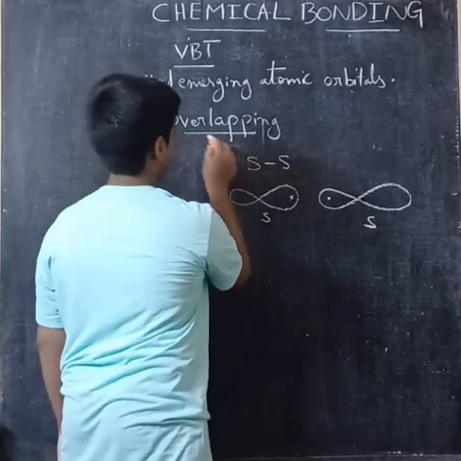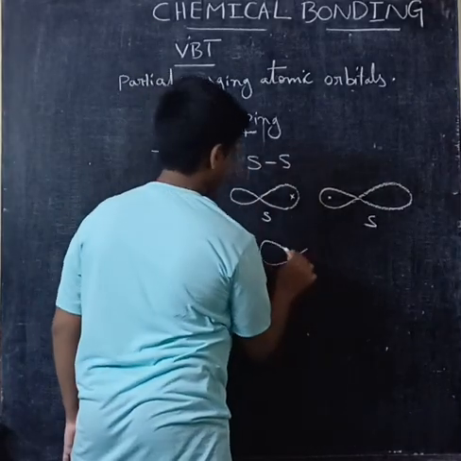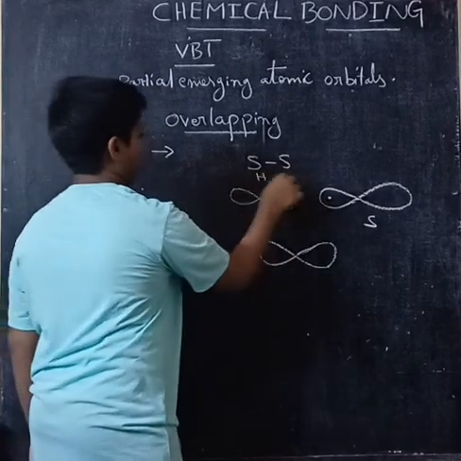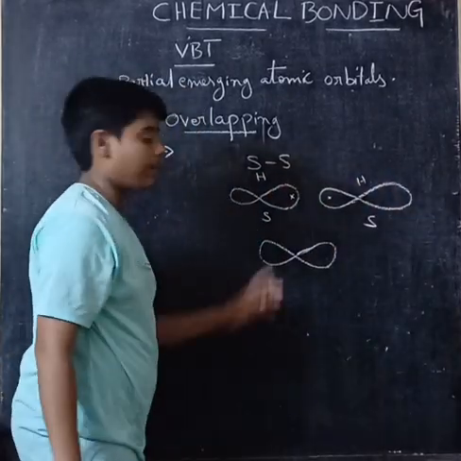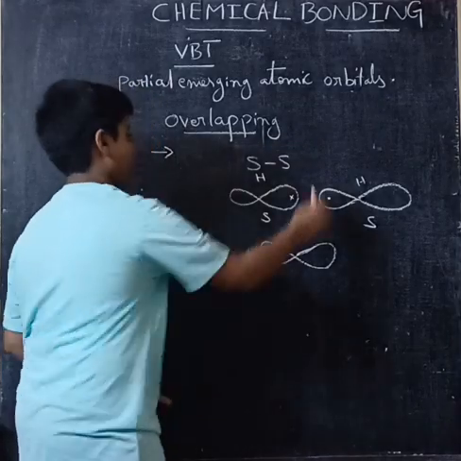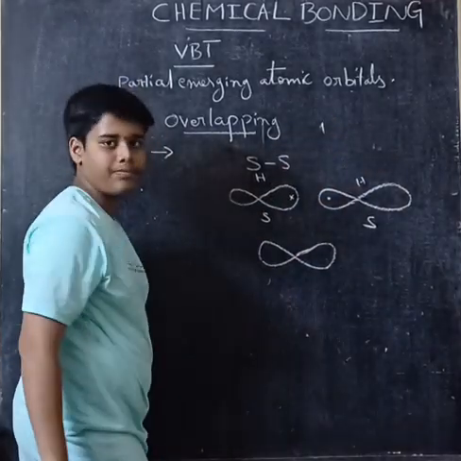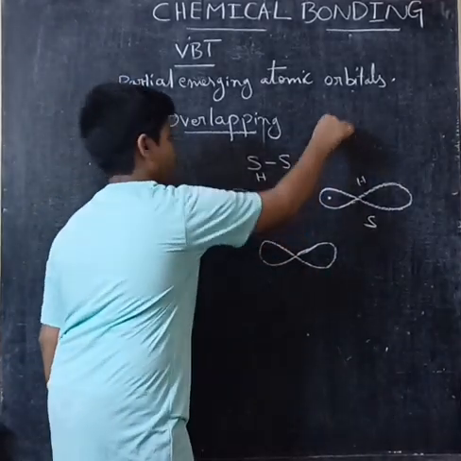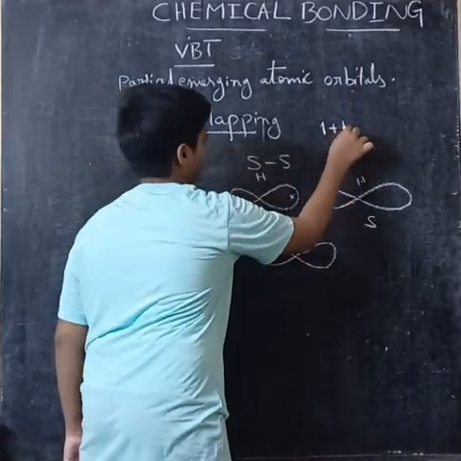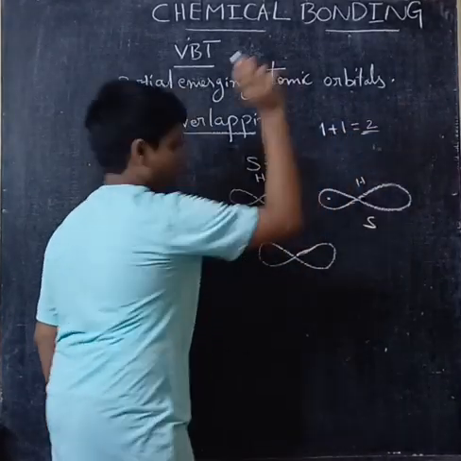Okay, what does overlapping mean? For becoming stable, these two atoms combine. If I take an H atom, hydrogen's valency is 1, or the valence electron is 1. For becoming stable, it takes another electron, so that it becomes 2 electrons.